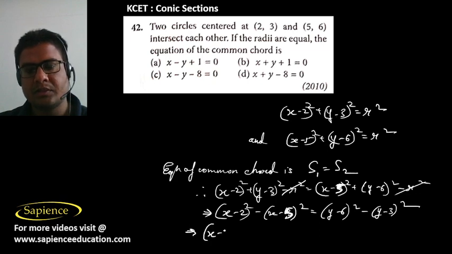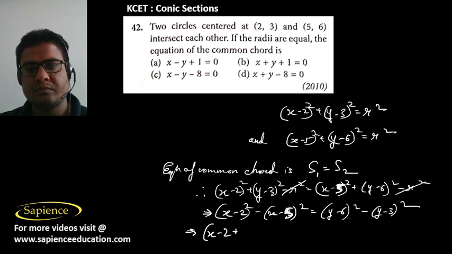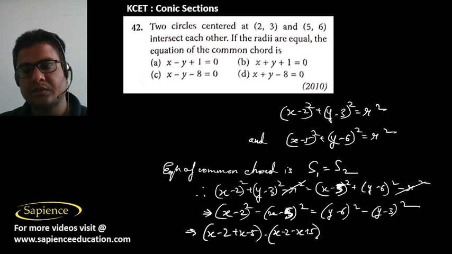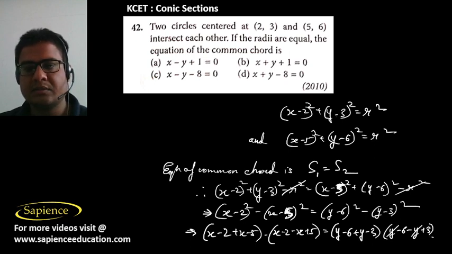So this part will be (x minus 2) whole square minus (x minus 5) whole square. That will be (x minus 2 plus x minus 5) into (x minus 2 minus of x minus 5), equal to (y minus 6 plus y minus 3) into (y minus 6 minus of y minus 3). So these two will cancel.